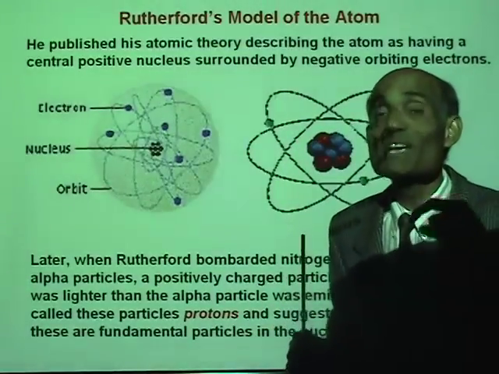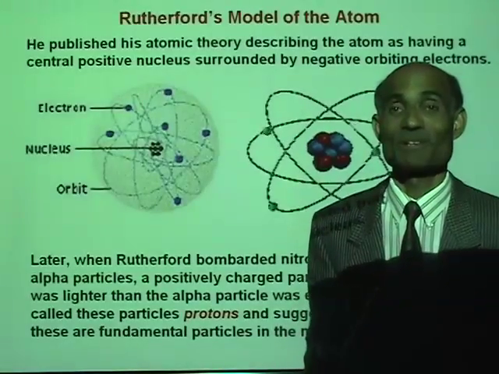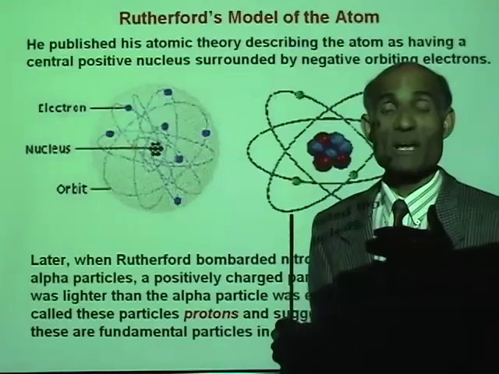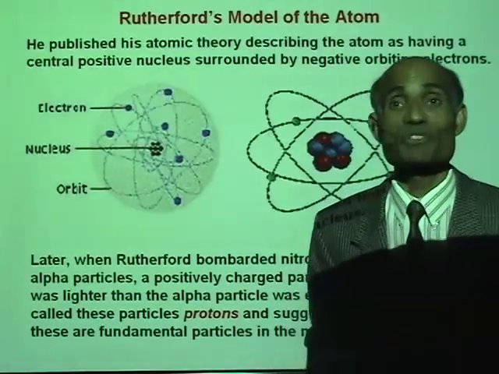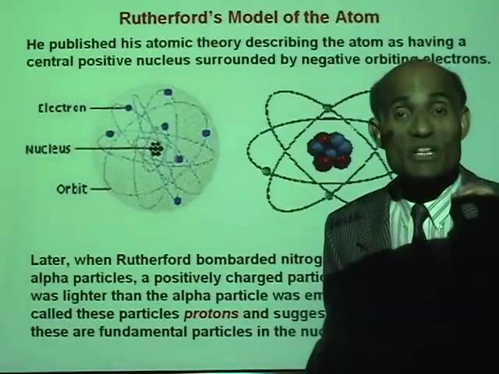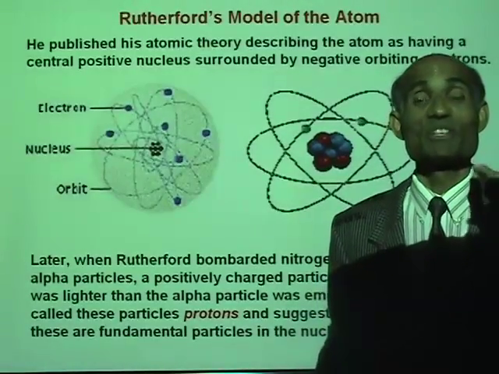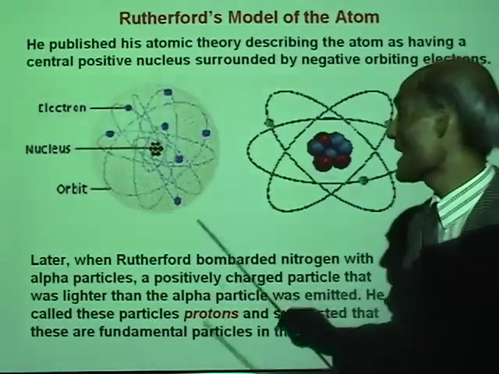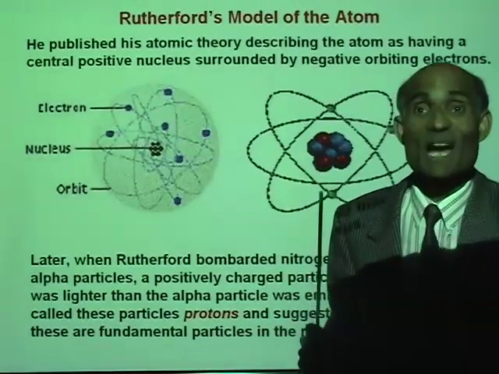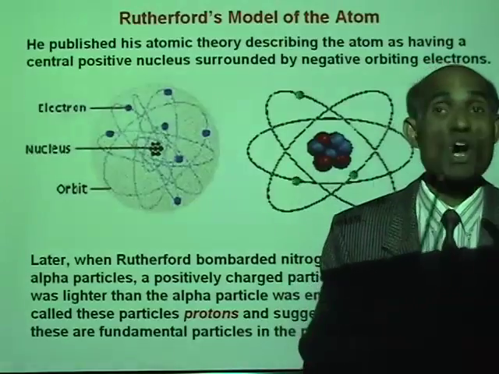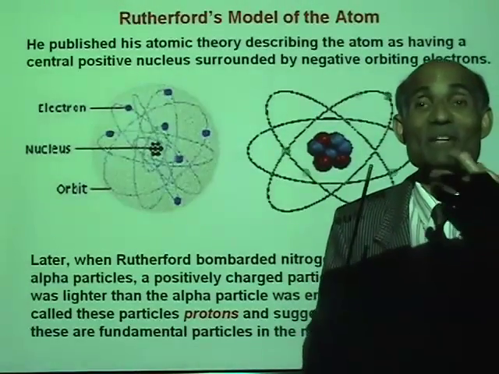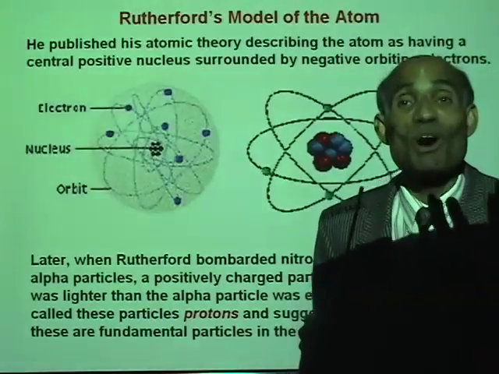It must contain some other particles. Now Chadwick, that was his assistant's name, took up this challenge and started working on it. And ultimately, in 1935, Chadwick discovered that the nucleus also contains another type of particles which are not electrically charged. They are neutral particles. And he called them neutrons.